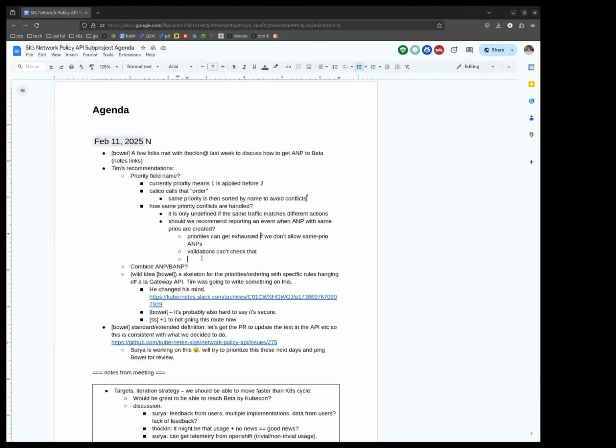But it's super common for people to have 100 policies at priority 100 that are all doing kind of similar things. The namespace segregation example that Surya just gave, or maybe at priority level 100, you're doing all of your allow rules to your databases, but they're spread across 5 different policies.